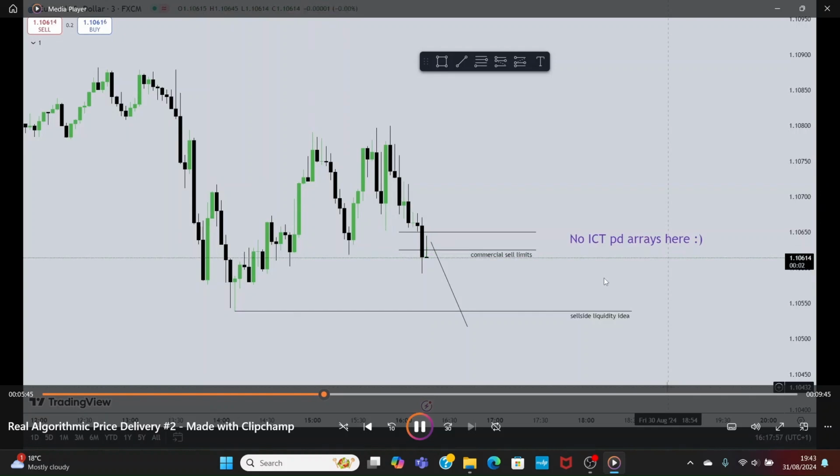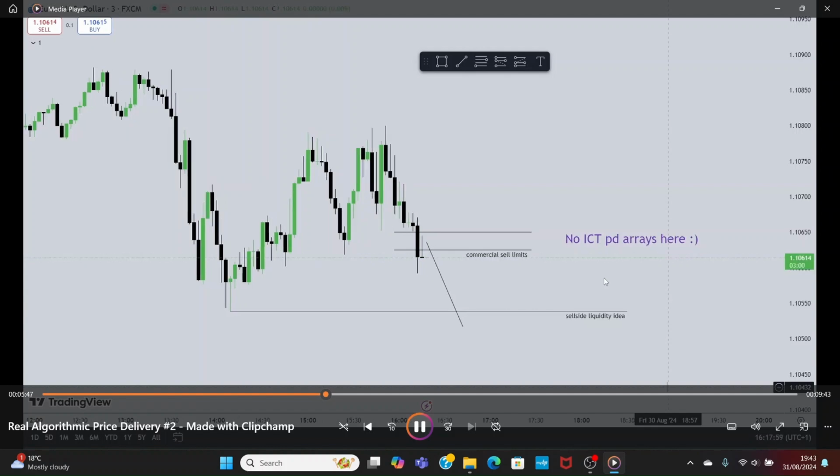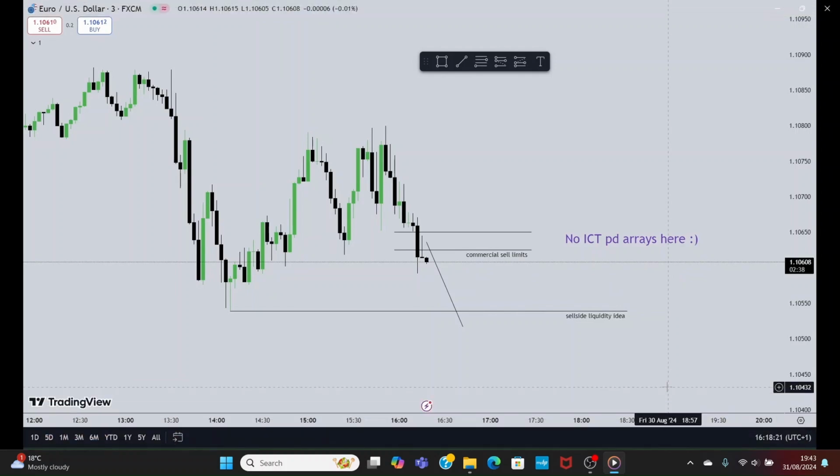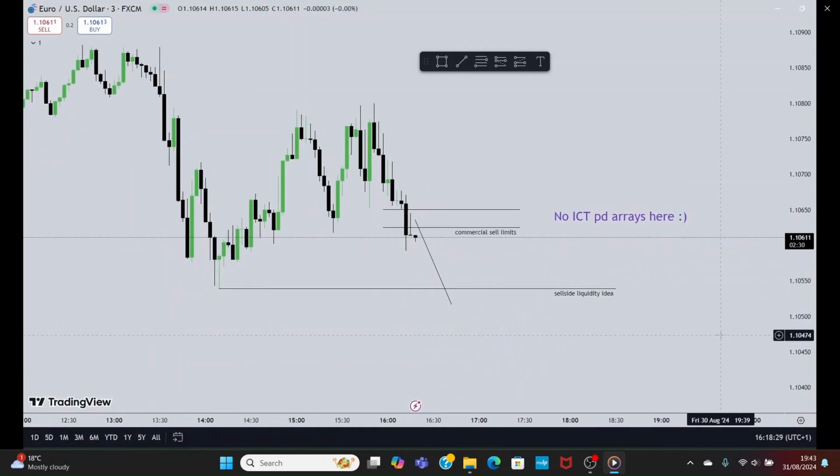What does this tell you? Not only does it tell you I know where ICT's PD arrays form, because I'm literally showing it to you right now. Ask any other guy on the internet, does he know this? Look, listen. Any man, woman, transgender, I don't care what you are on the face of the planet.